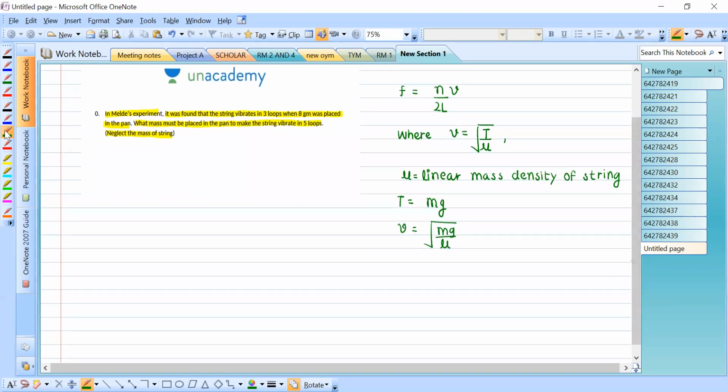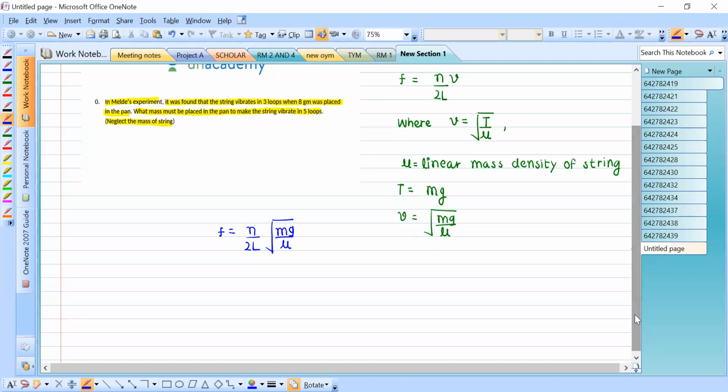So our frequency f is equal to n by 2l times the square root of mg by mu. Now, as we know that our frequency is also going to be constant, here is what we have to calculate. When we have 3 loops, 8 gram of mass is placed, and now we have to make 5 loops.